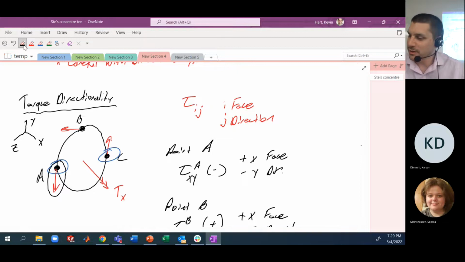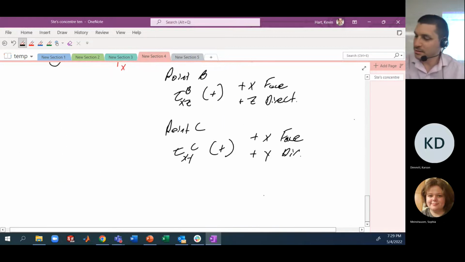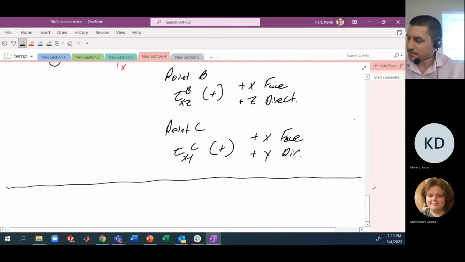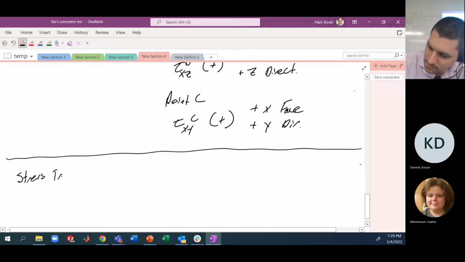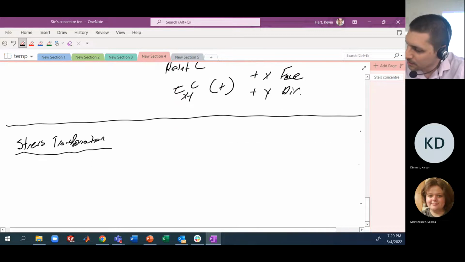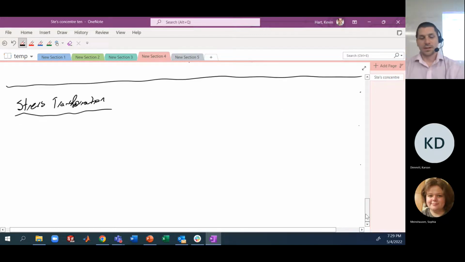Last thing I want to talk about quickly is some of the stress transformation stuff and principal stresses. If we have a state of stress at a particular point, we could represent that state of stress with our stress cube, right?